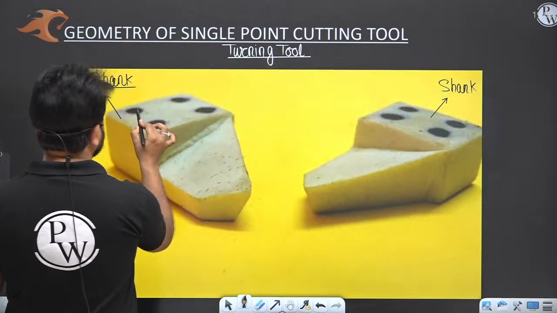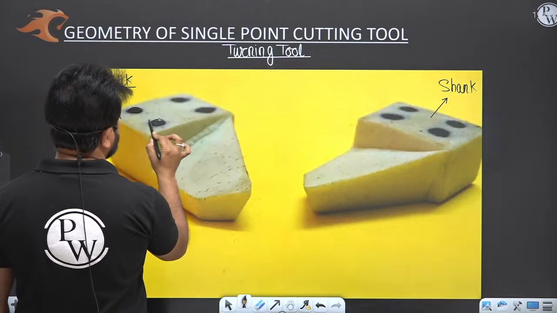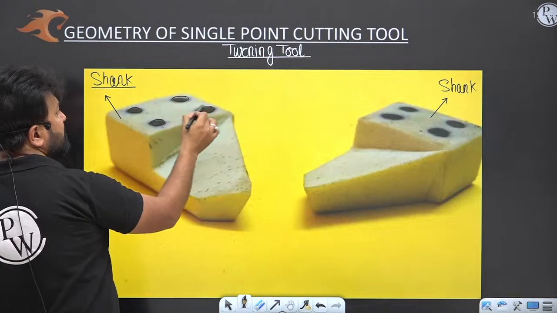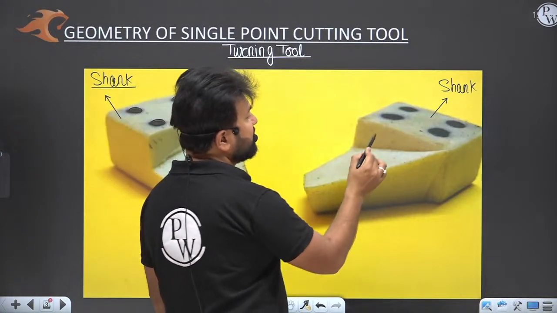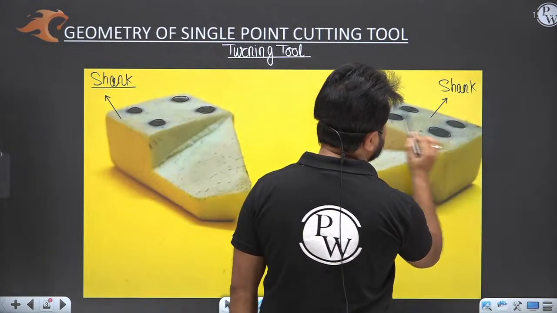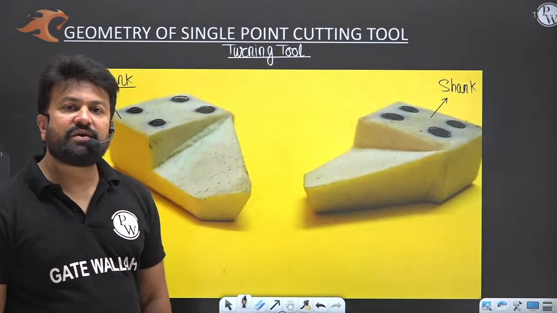You can see the marking. Basically, you are fixing this tool into the tool post. The shank is going to be fixed into the tool post.